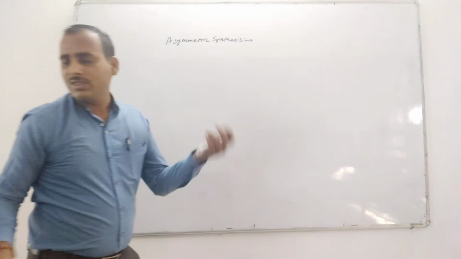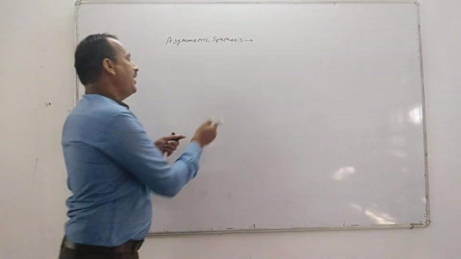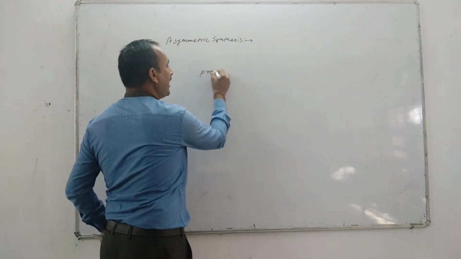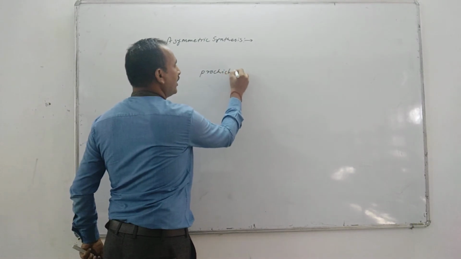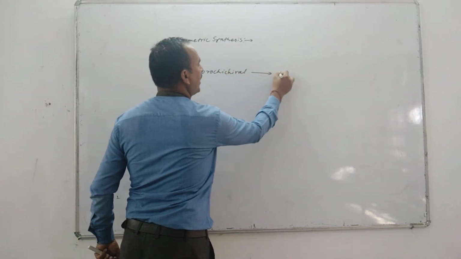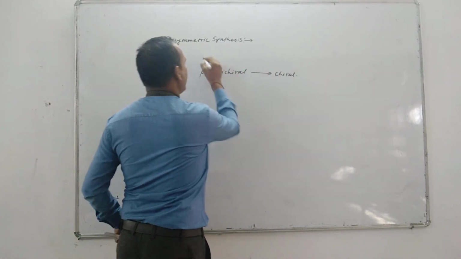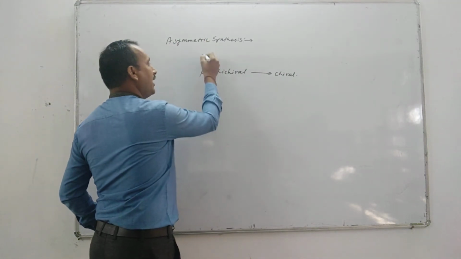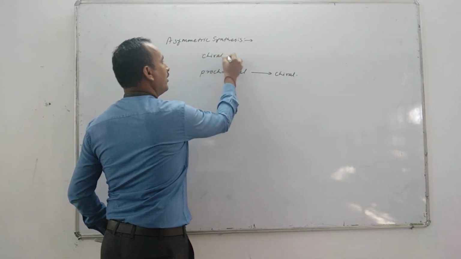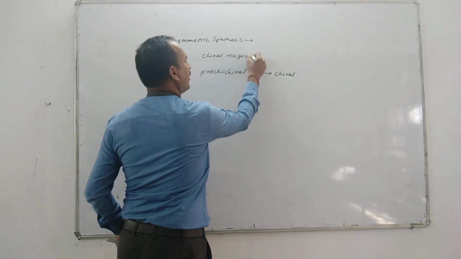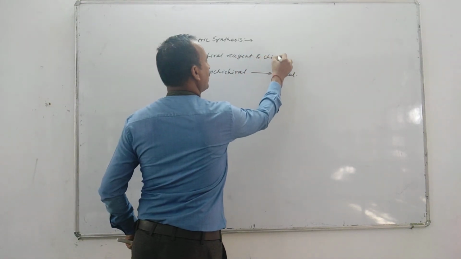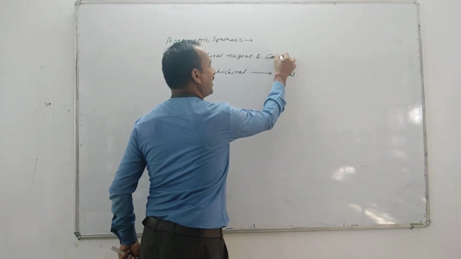Now we use the starting material as a prochiral, and the prochiral is converted into chiral. Chiral reagent and catalyst.